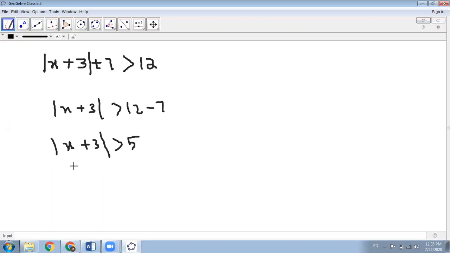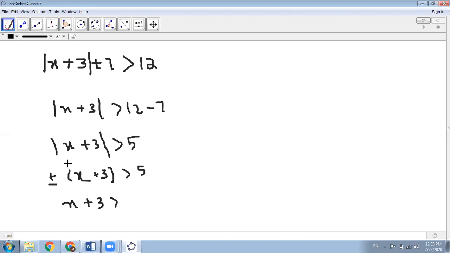And whenever the absolute value is greater than a positive number, it means that we have to write plus or minus of the bracket x plus 3, greater than 5.